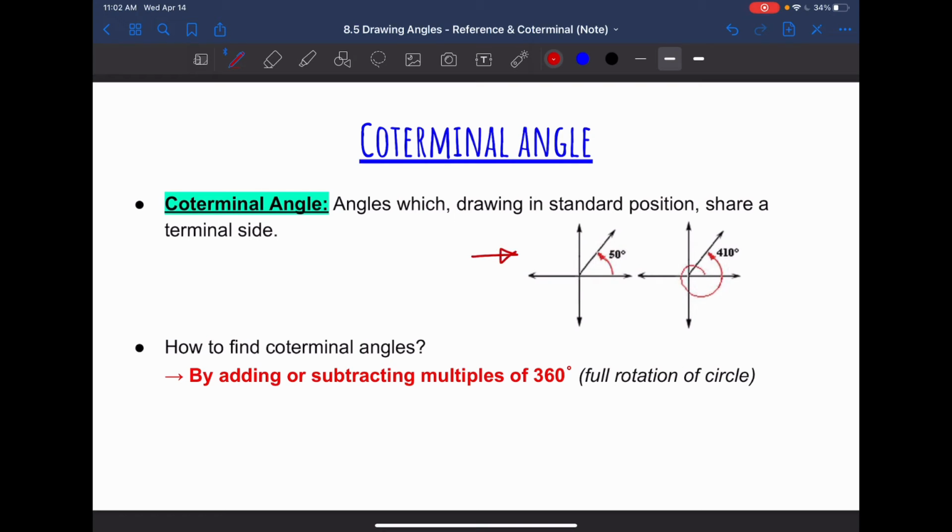So here I put an example. I have a 50 degree angle right here. But another way to measure 50 degrees, if you have another full rotation, you get the same position. So 50 plus 360, I got 410. But as you see in this picture, 50 degrees and 410 degrees, it's the same thing. It's exactly the same angle with a different number. Why? Because we can add another rotation, right?